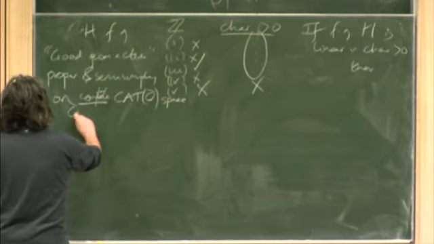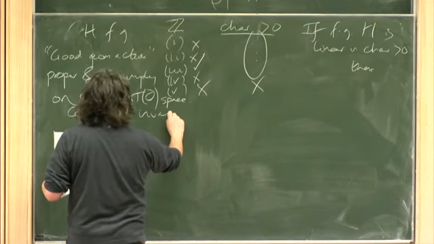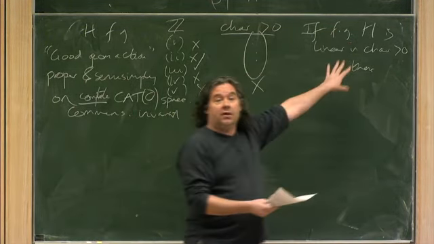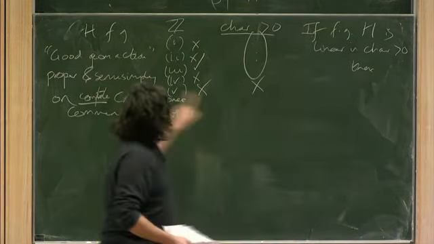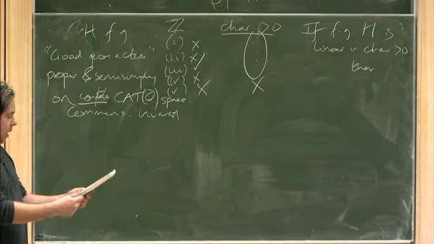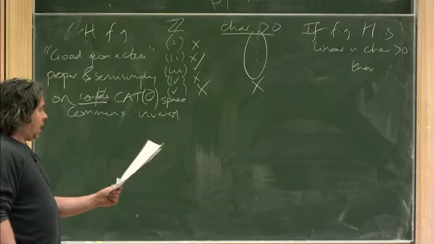So you get that it's a commensurability invariant, and you're going to want that if you're going to compare it to this, which is definitely a commensurability invariant. So that's the notion of good geometric action. Okay, so let's at least outline some of these proofs.